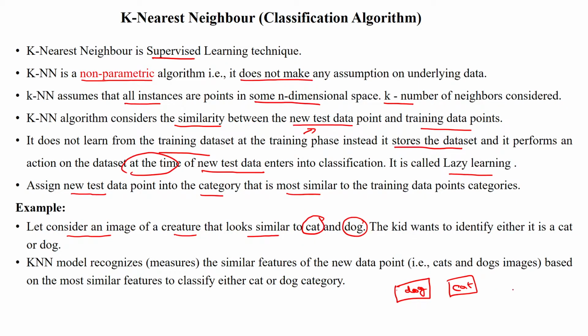Then we get one more picture which has either a cat or a dog. When we show this testing sample to a kid, the kid needs to find the similarity between this picture and the training pictures. Based upon the similarity, the kid will identify the creature in the testing sample. So this is an example of KNN learning.